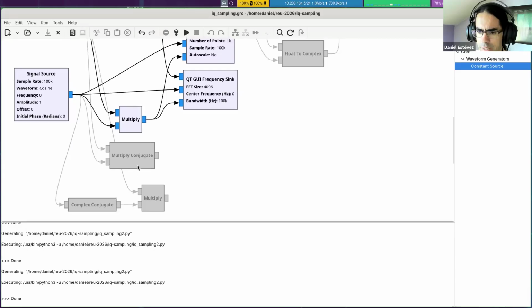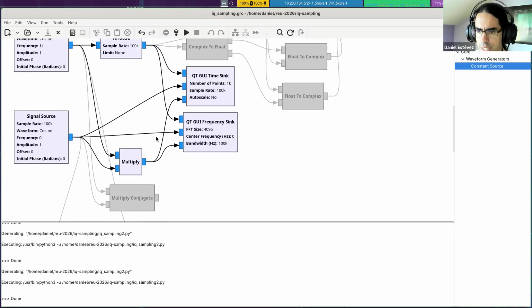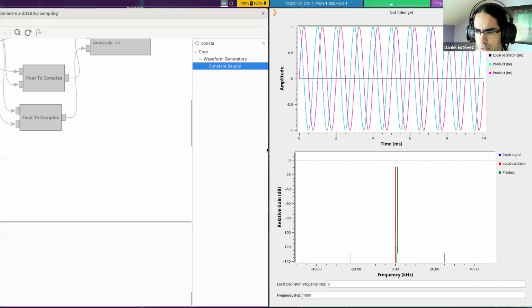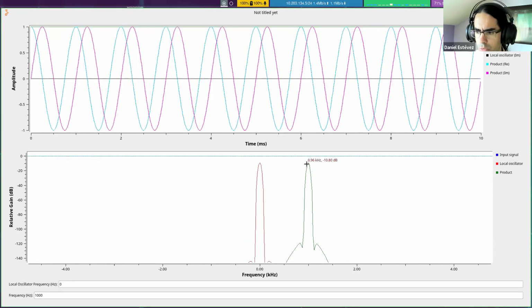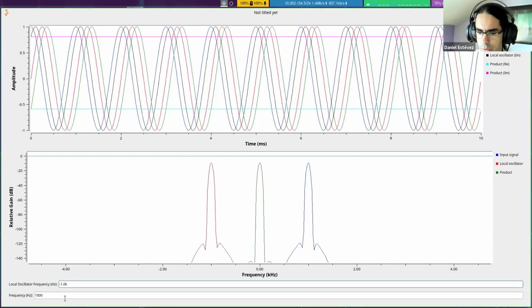Well, there is a minor comment next. If you remember here, to move this signal to zero, I need to set the opposite frequency from the frequency of the signal. So if my signal of interest is at 1000, to tune to the signal of interest, I need to put minus 1000 in my local oscillator.